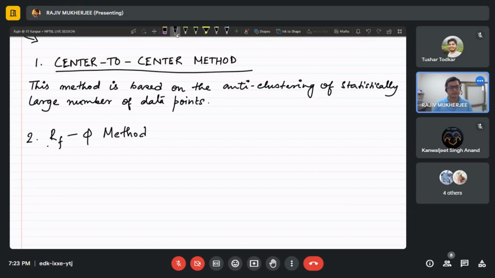So the Rf/phi method addresses one of the essential drawbacks, or rather limitations, of the center to center method: it doesn't consider the fact that even undeformed samples could have some sort of previous or preferred orientation, especially when dealing with pebbles.